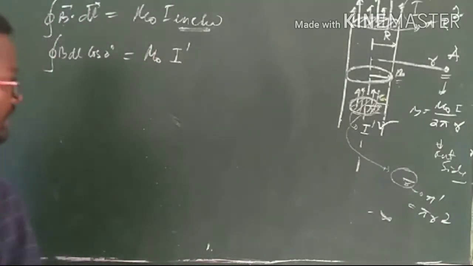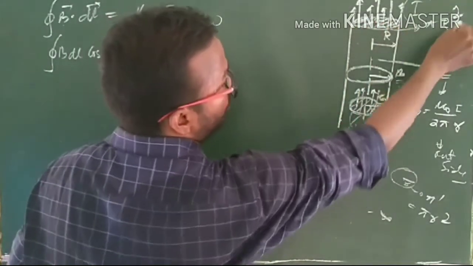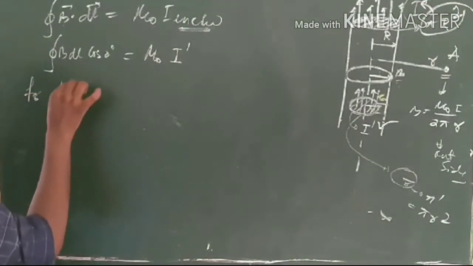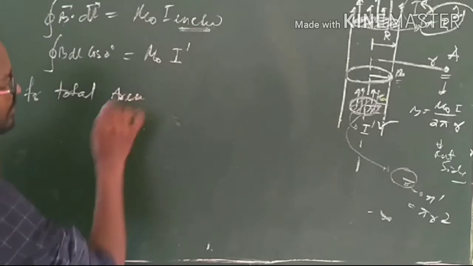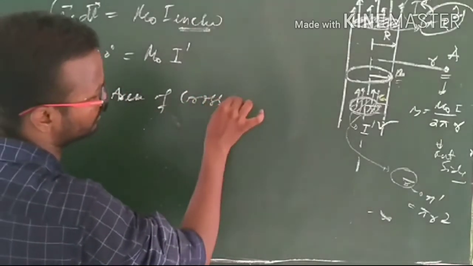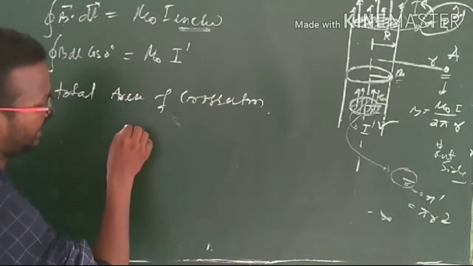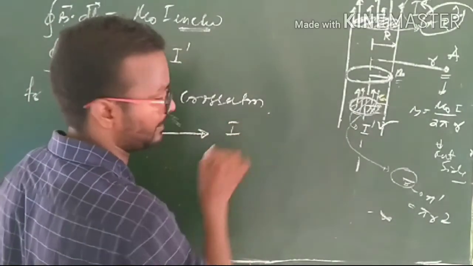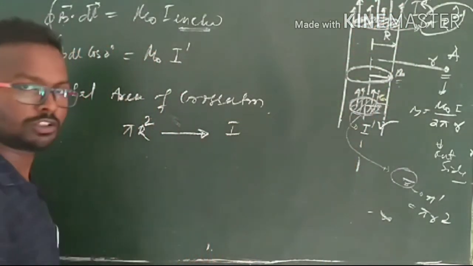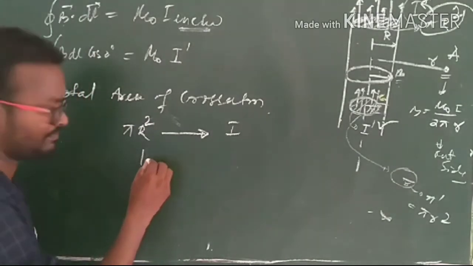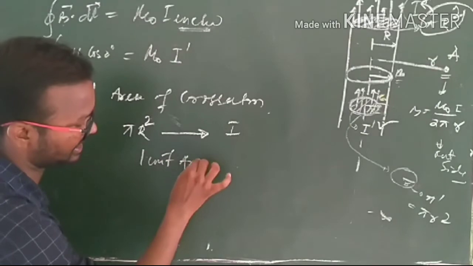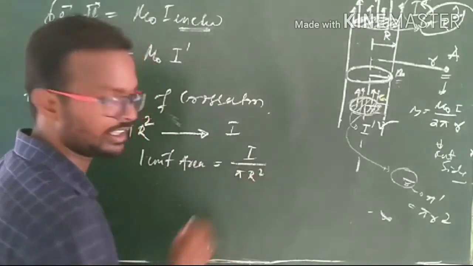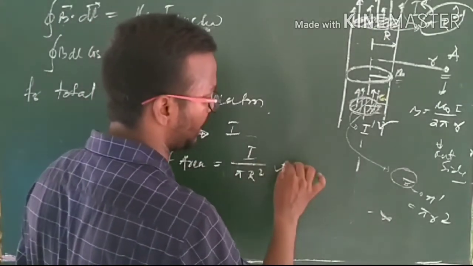Now, this is the total surface area, and for the total area of cross section, pi R square, the current flowing is I. For unit cross sectional area, it is I by pi R square, and this quantity is known as current density.